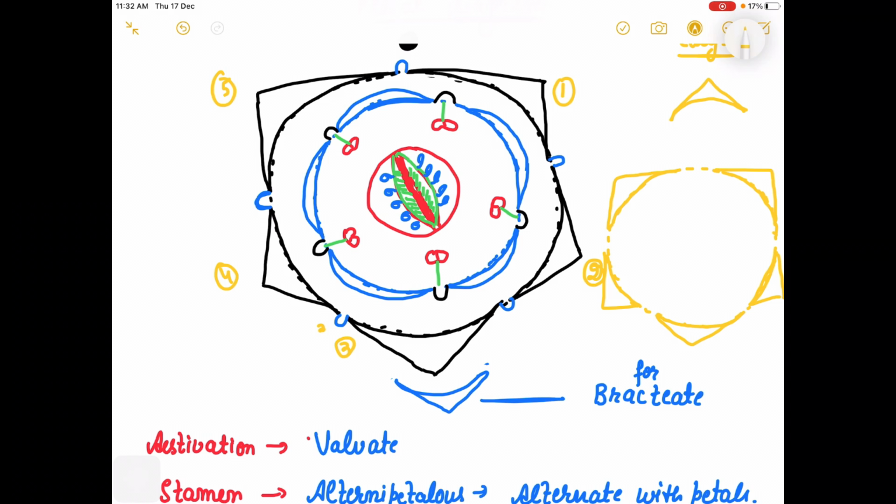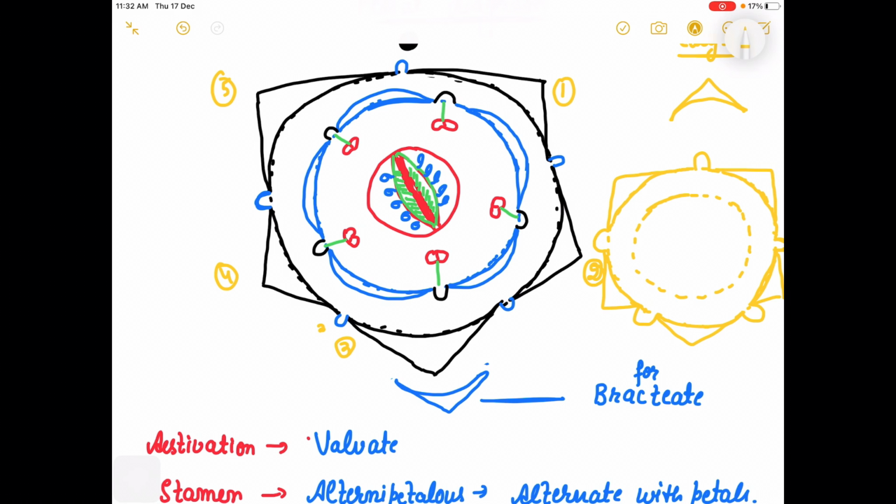Fine. Yes. Now make the inner whorl. What is the inner whorl now? Corolla. And what is the estivation? Okay, now another thing. Because this is valvate estivation, but these are gamosepalous, we have to make these loops because we have to show the gamosepalous condition. Now again, sepals are always alternate to petals.